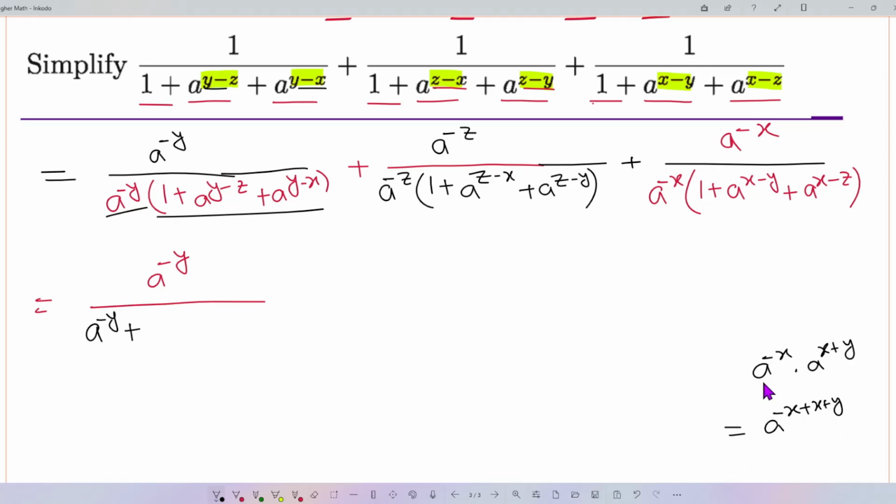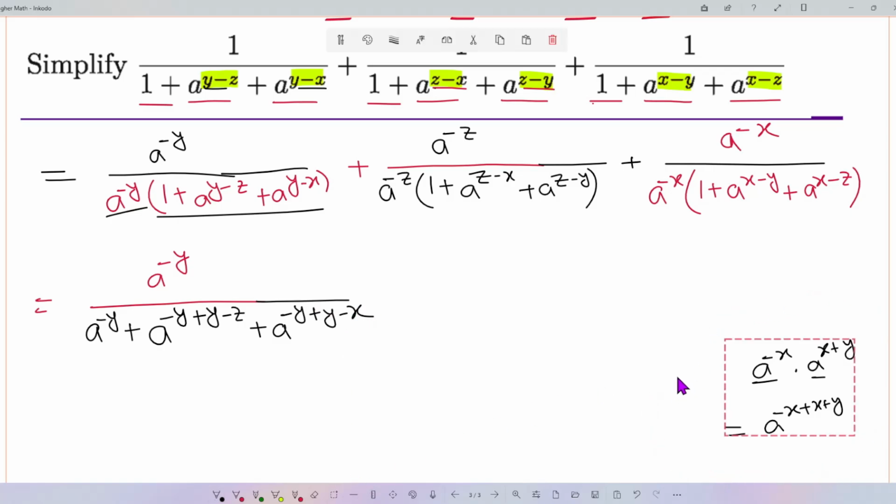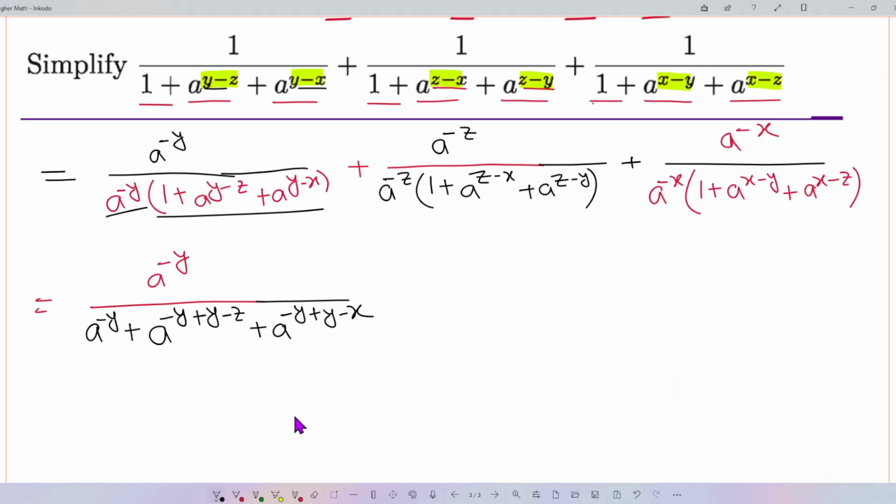It means once bases are the same, in multiplication the powers will be added. So here is also the same thing, we can write a to the power minus y plus y minus z, then plus the same a to the power minus y plus y minus x. I hope you feel clear so far, no problem.